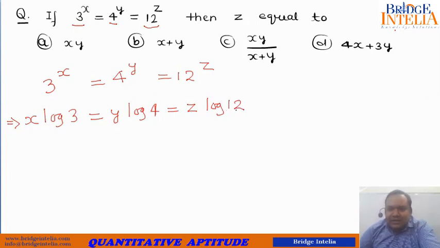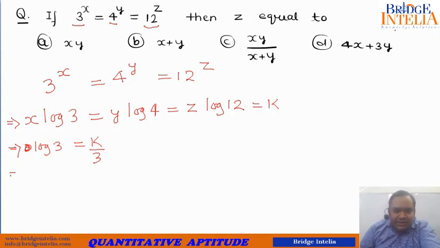Now let this be equal to k. So from here, what can you conclude? You can conclude that log 3 is equal to k by x. Similarly, it can also be concluded that log 4 can be written as k upon y.